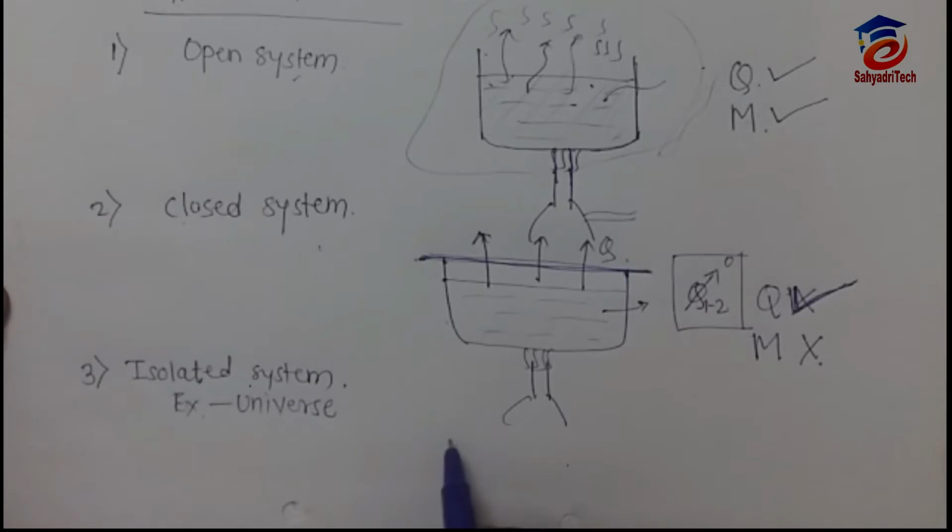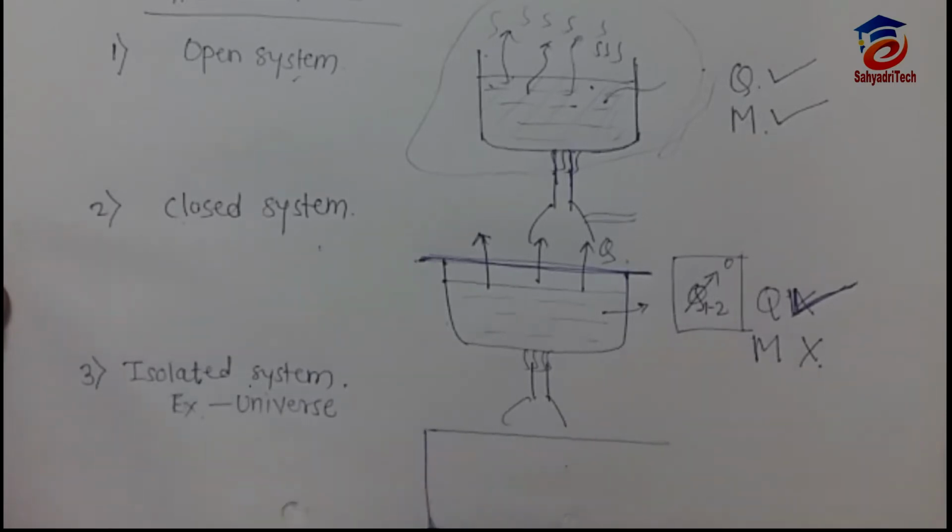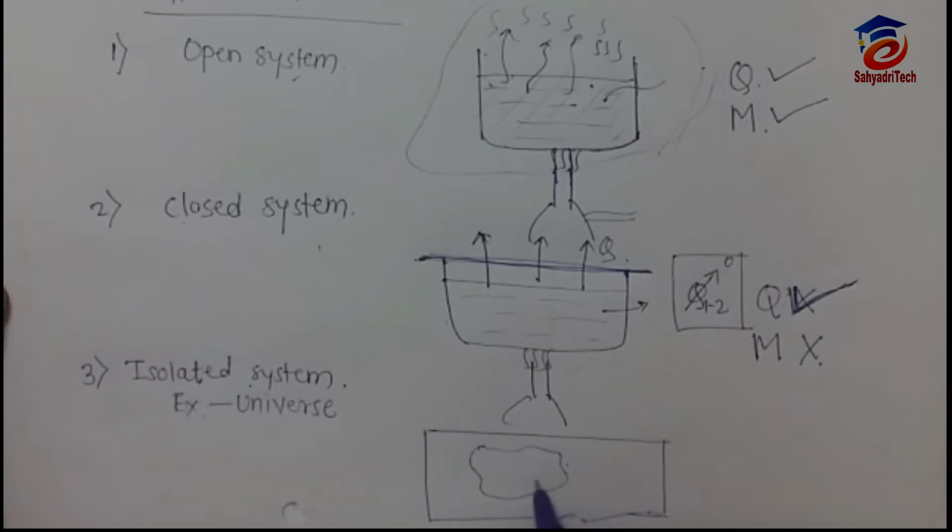So if we show this isolated system here, what is the universe? This is our universe. In the universe there is a system, and everything other than the system is surroundings. The system will transfer heat to the surroundings, or get heat from the surroundings.